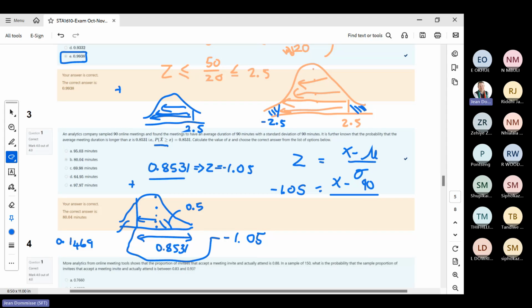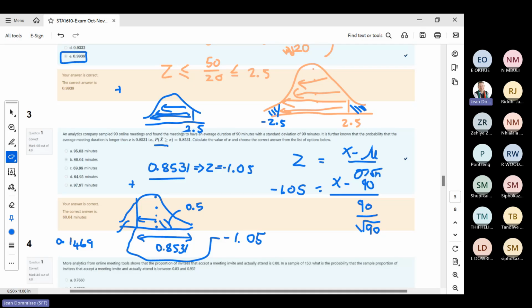Then they tell us there's a sample, so that formula is divided by the square root of the sample, so the standard deviation is 90, and the sample is 90. Sure, there's lots of 90s.